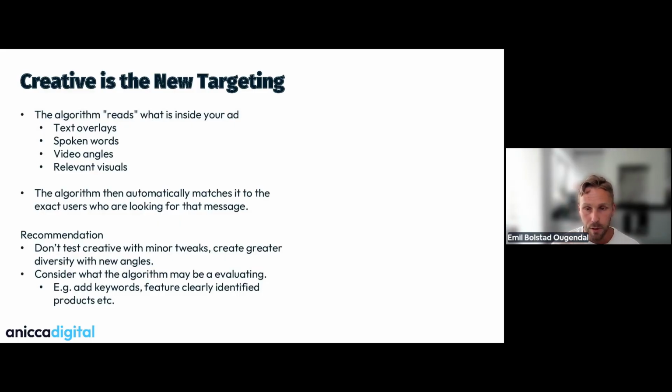Whereas if you were just running one, they might not be identifying a big piece of the puzzle. So yeah, add things like keywords that you think the algorithm will easily connect with your users within your creative as well.